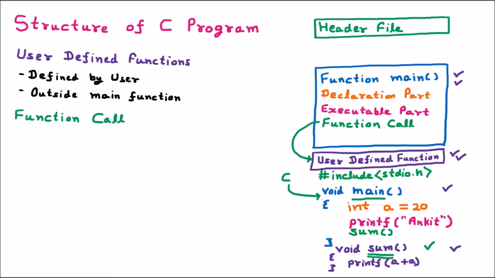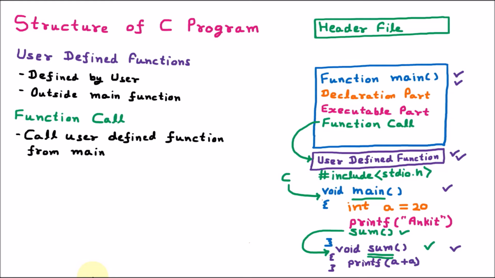So this is called the function calling, and whenever I will write this line, this is going to call this function. So here this sum with the bracket is called the function call. That means we are going to call the function. So it is used for calling the user defined function from the main.